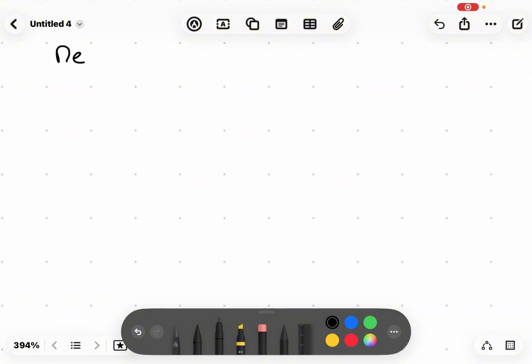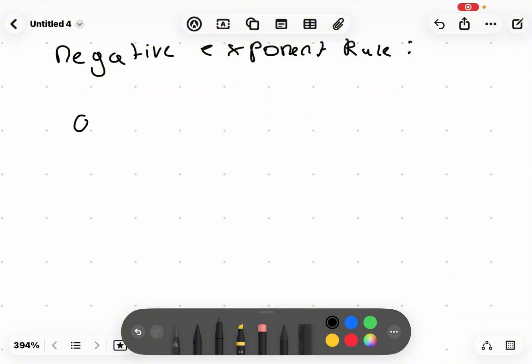Now let's talk about negative exponent rule. So, negative exponent rule is basically, let's say you have a negative exponent. It basically means you put it like this to make it positive, because you can't have a negative exponent.